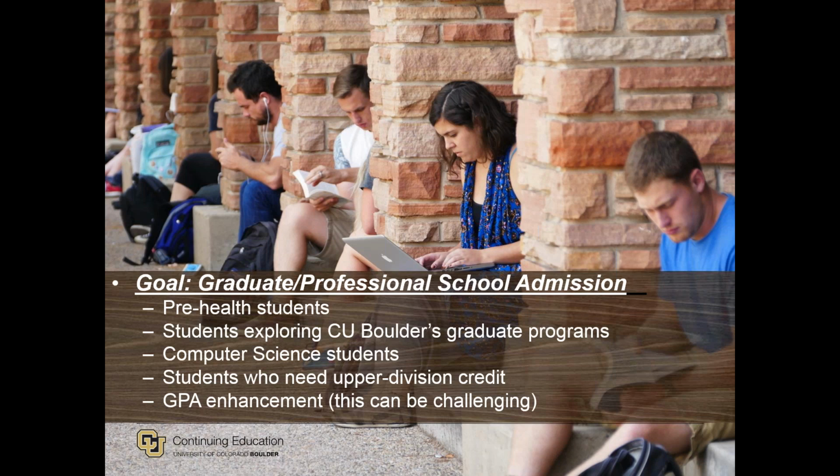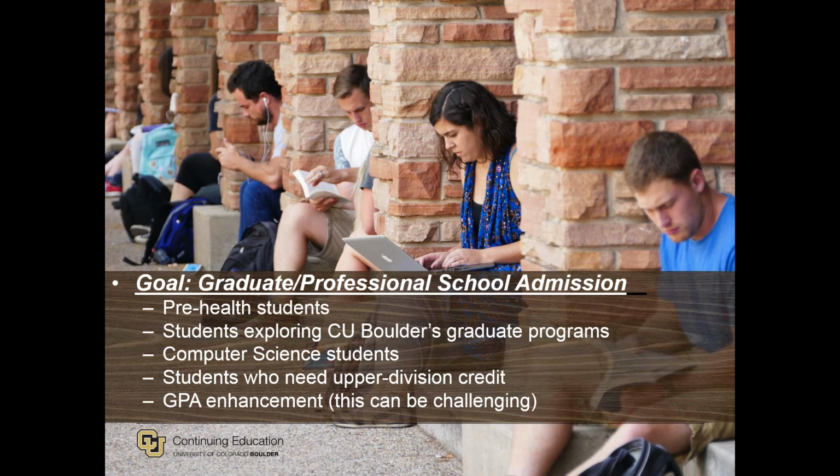We have over 65 different graduate programs, and so there's a lot of opportunity there for graduate school. We do have a lot of interest from computer science students, and we do have a new post-bac computer science program starting in spring 2018, so feel free to contact us if you have any questions about that, and we can help you look at that.